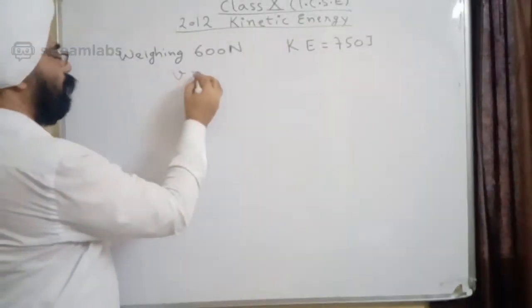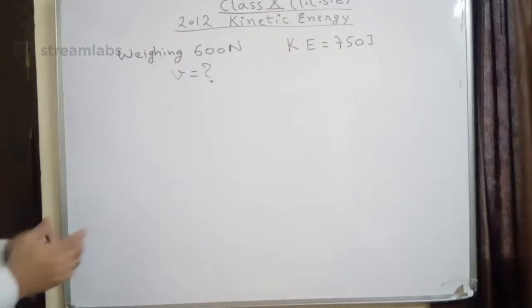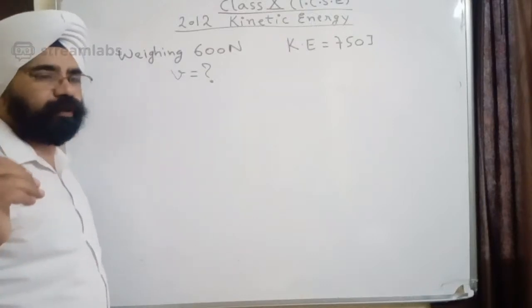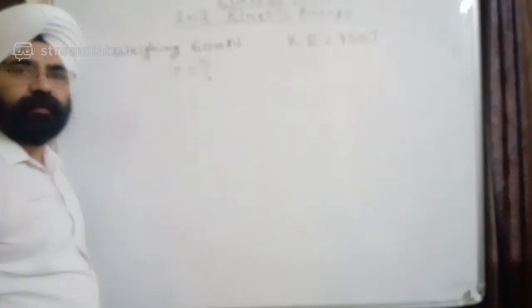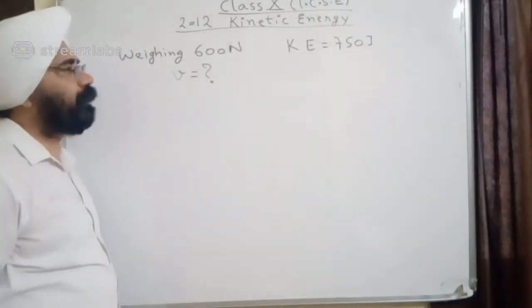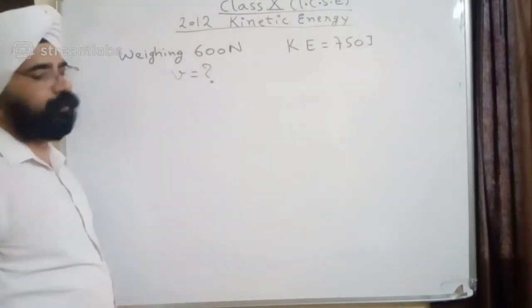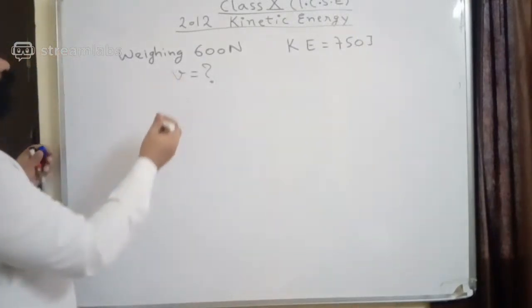They are asking how fast should he run, which means they are asking us v is equal to how much. Now in this question, what kids generally do wrong is they think that 600 is the mass, and there they go wrong. They solve it taking this as the mass and the answer comes out wrong. Here this is the weight.